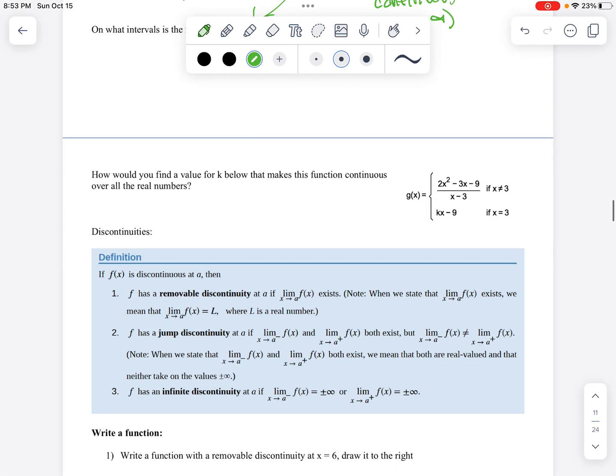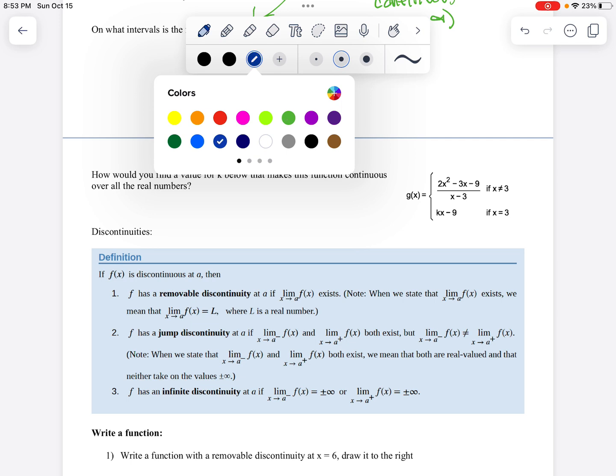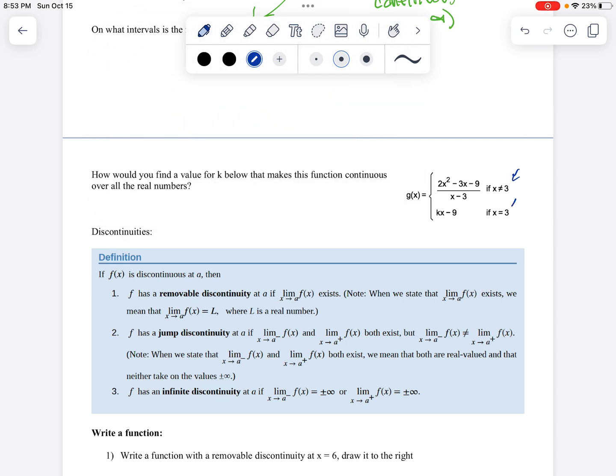Now, if you're given a piecewise function and you're asked to find the value that makes the function continuous over all real numbers, you have to look at what I call the transition point. So the only problem point here that could exist is at 3, because we know there's this problem right here at 3. So first step, let's see if we can simplify this.